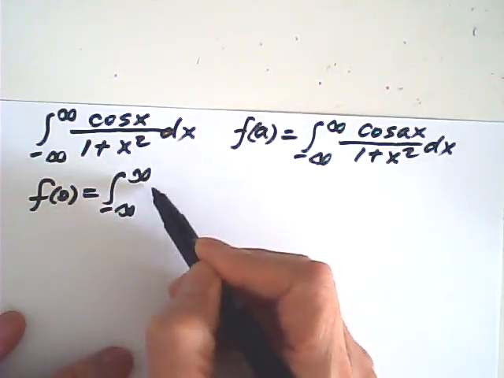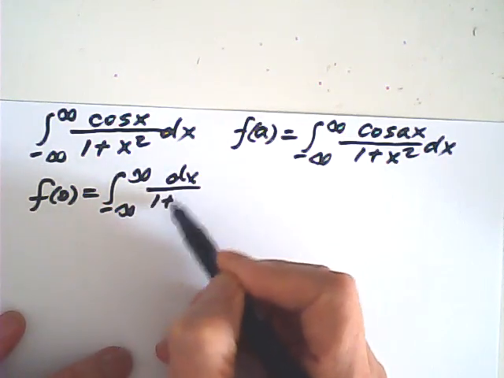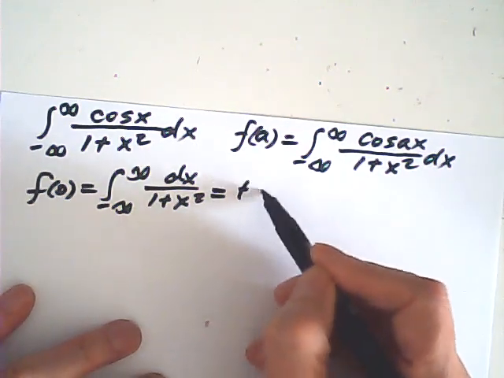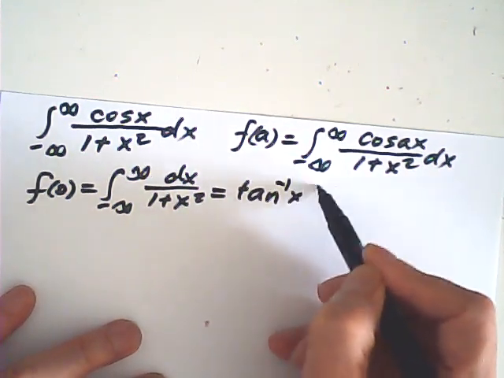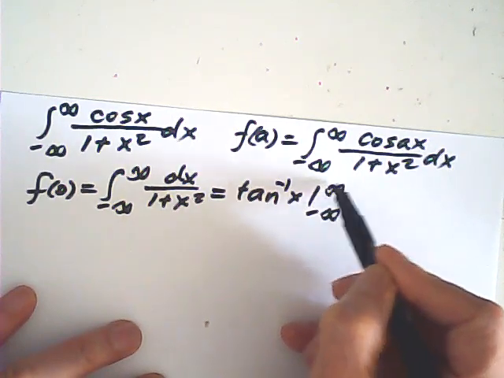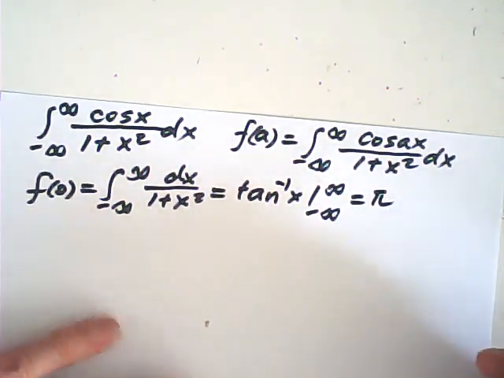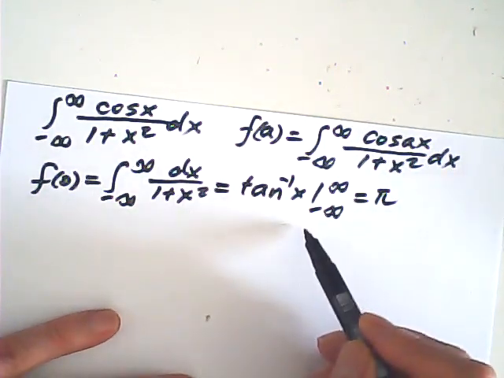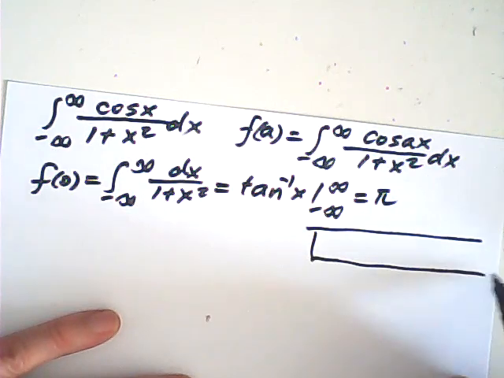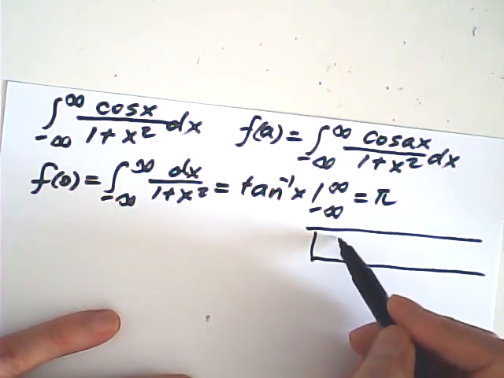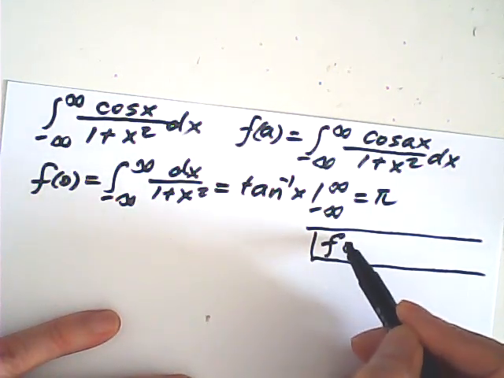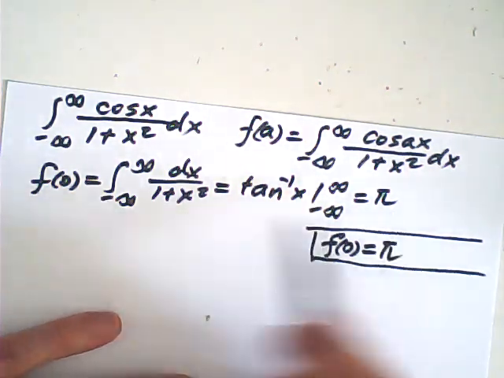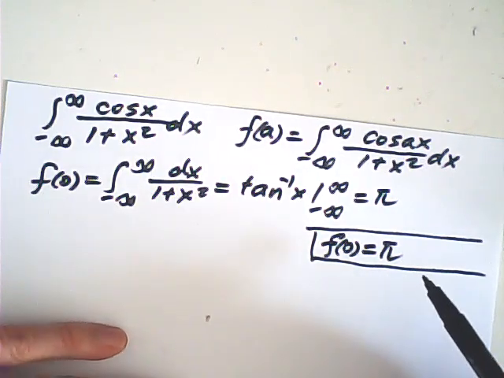This will be dx over 1 plus x squared. So that is equal to arctangent x from this to that one, which is equal to pi, right? That's good. So I have an initial condition that f of 0 is equal to pi. That is my initial condition.